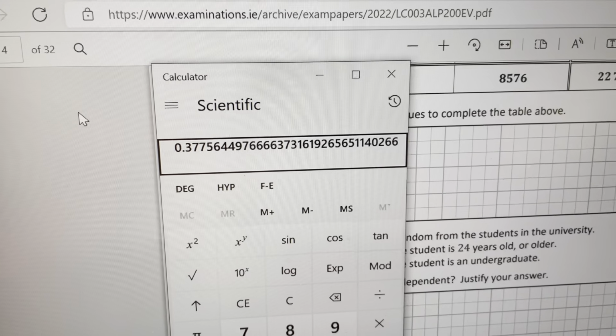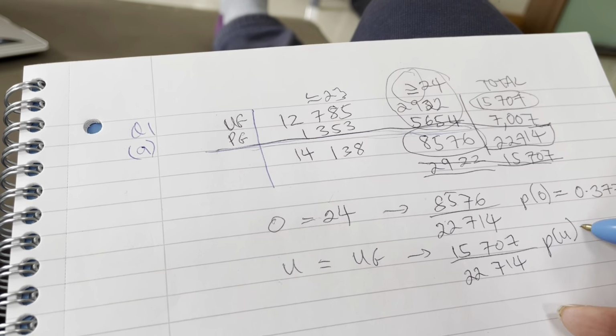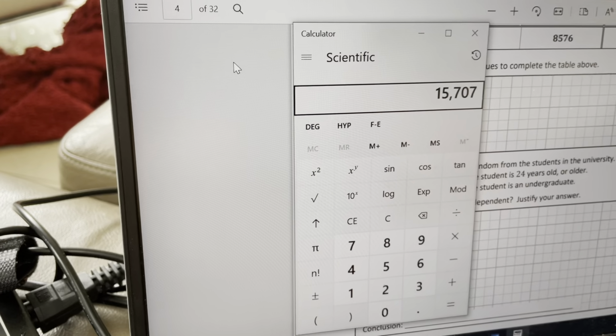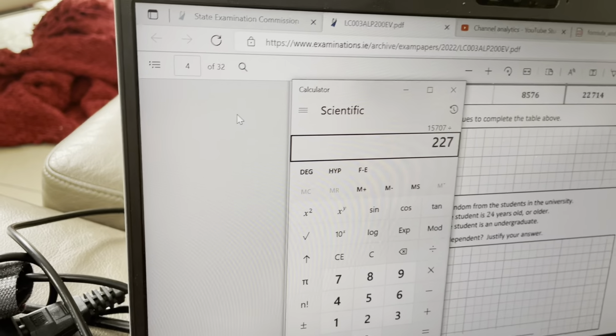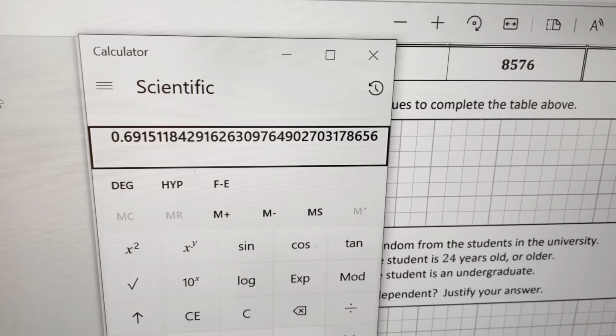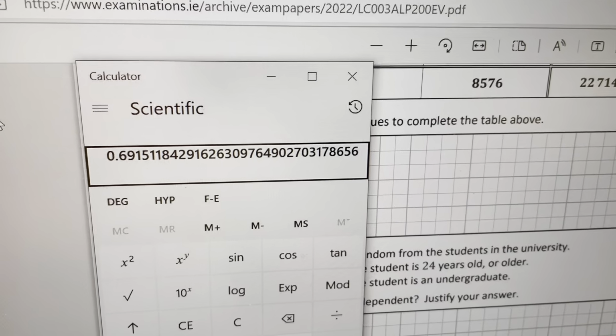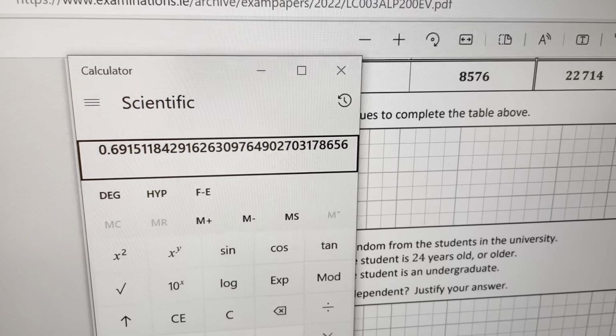I'm going to call it a day at that point. And then P of U is 15,707 divided by 22,714. 0.6915.